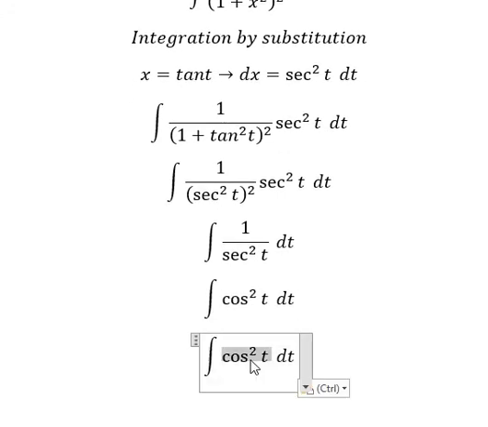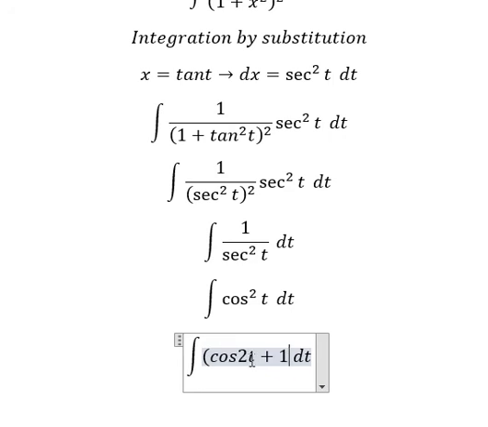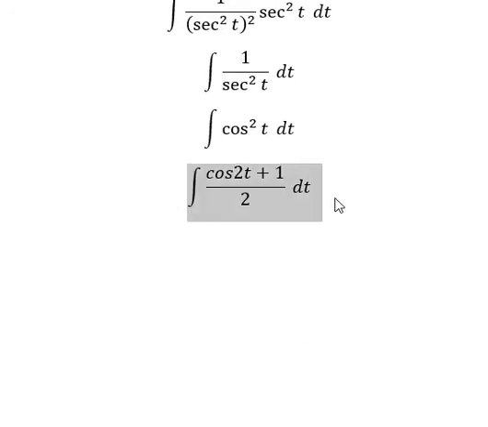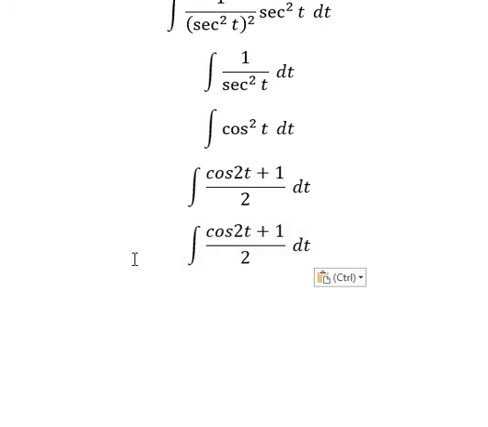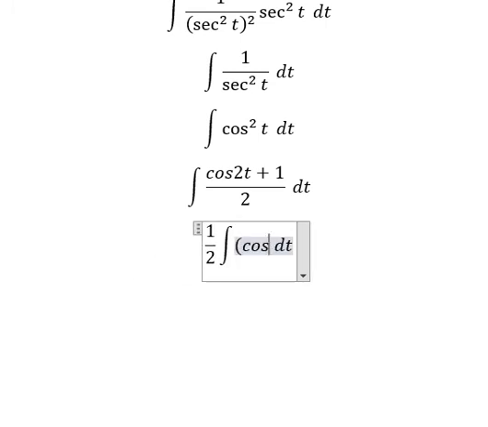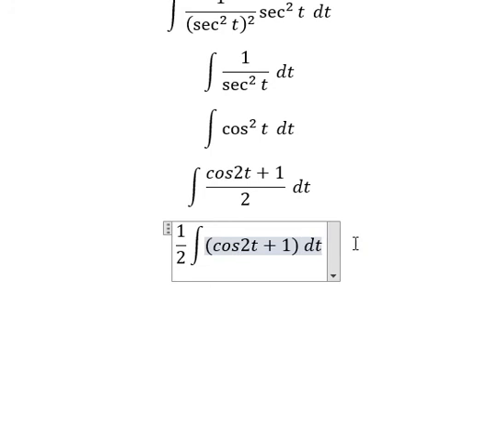Cosine t squared we change for cosine 2t plus 1 over 2. Next, we put number 2 outside. And now we can get the final answer.